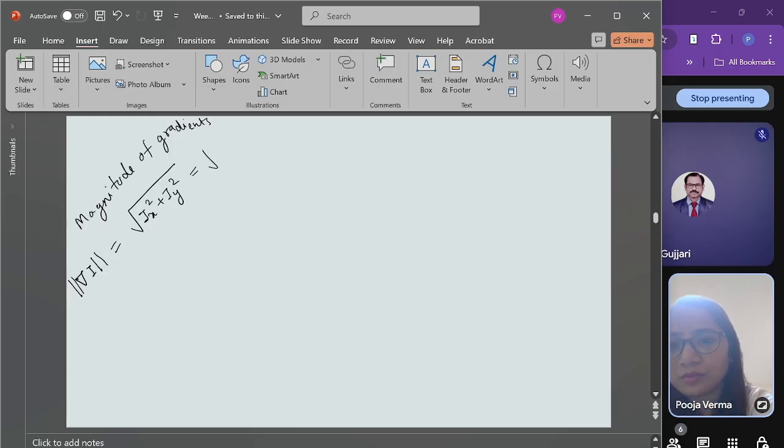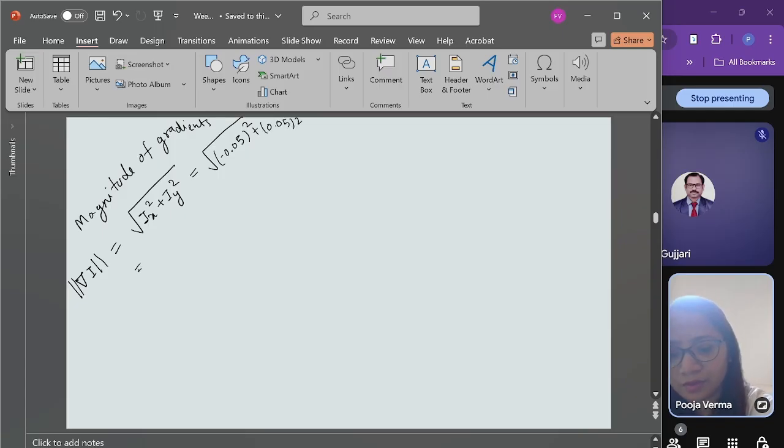So here it is minus 0.05 whole square plus 0.05 whole square. If you just calculate, you will get 0.005, whole root, 0.0707. So this is the magnitude of the gradient.